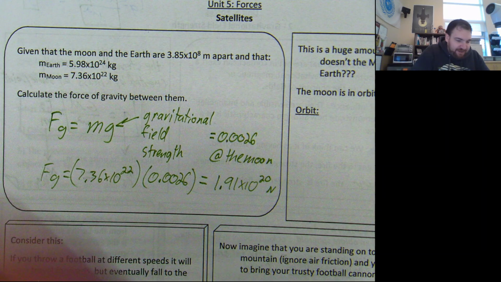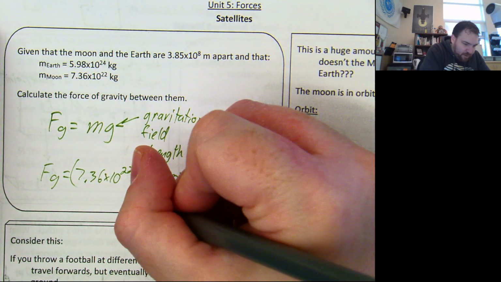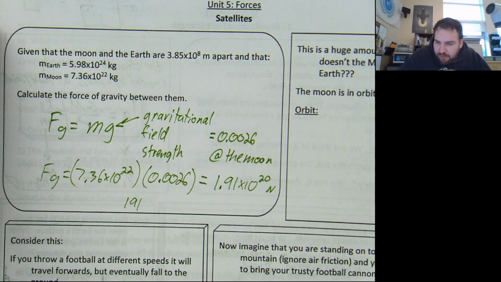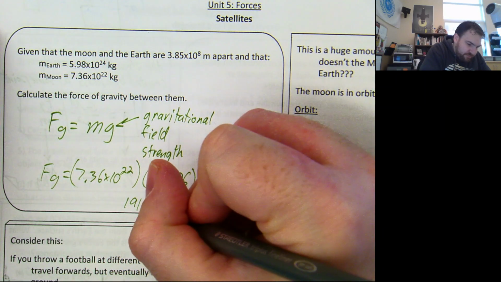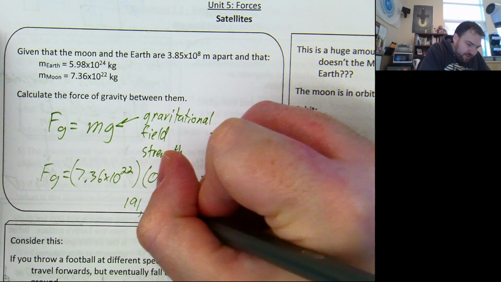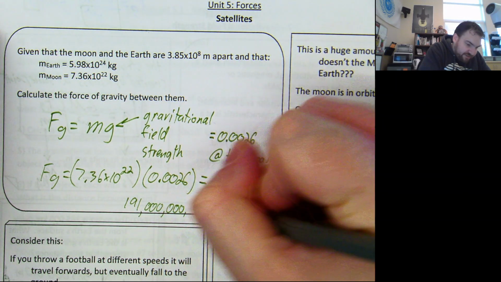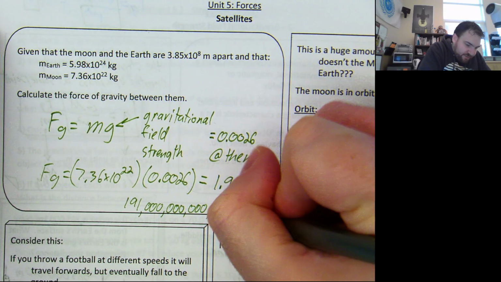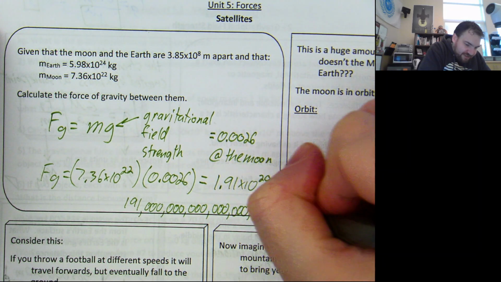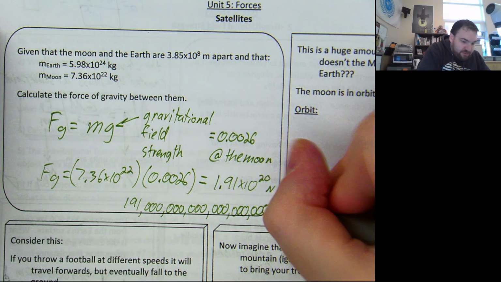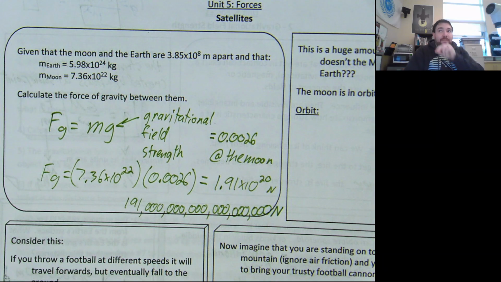To put that into perspective, that's 191 followed by 18 zeros. That is the force of gravity on the moon from Earth. That is very large.